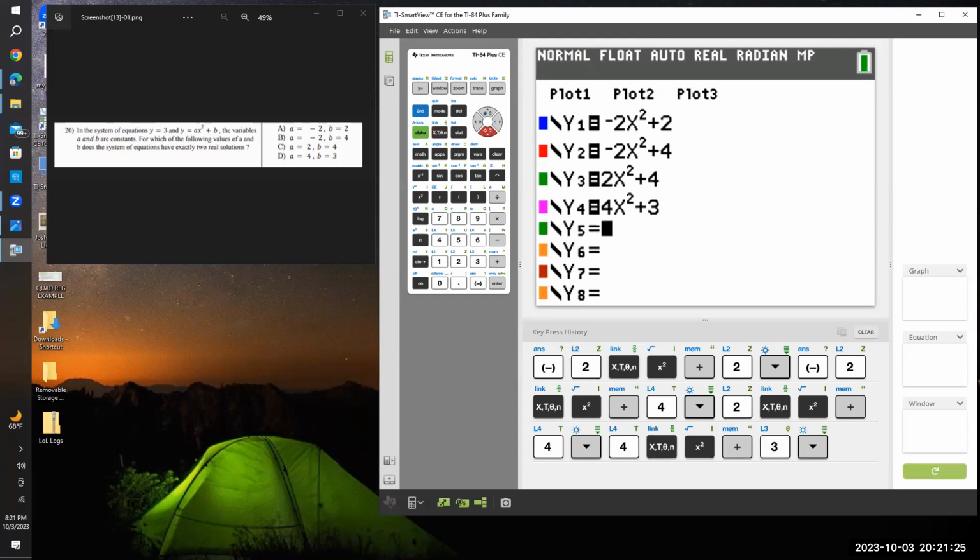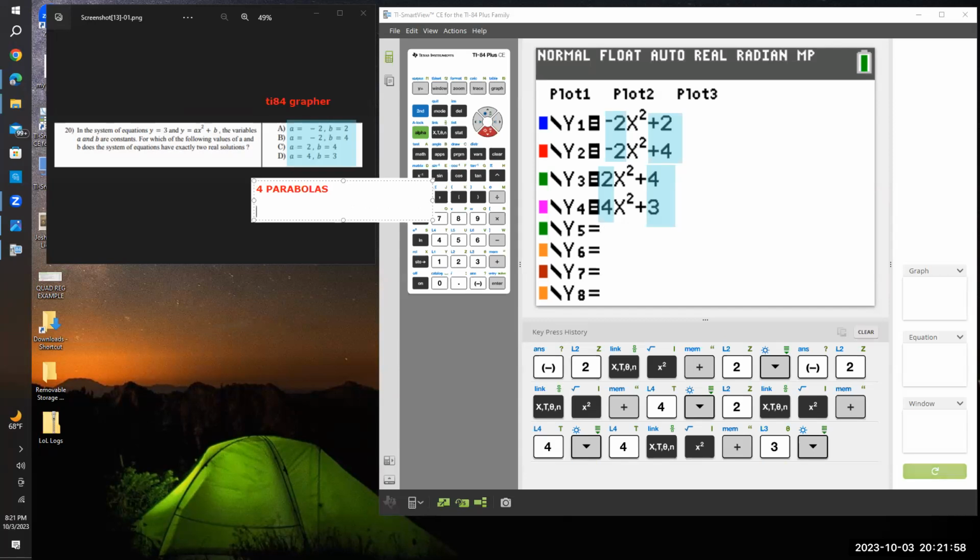So what I'm doing is, with the graphing calculator, I'm taking the 4 coefficients for each of the 4 answer choices, and I'm just coding them in the graphing calculator, giving 4 different parabolas. Okay, so then we'll have 4 parabolas.